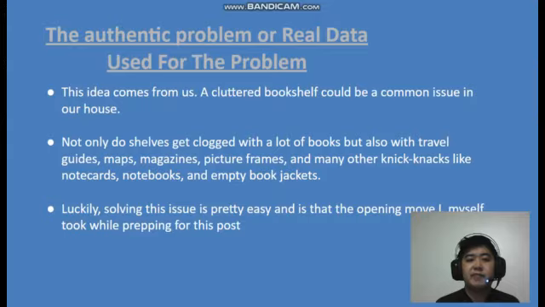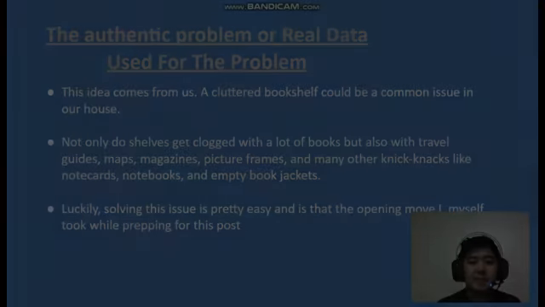Not only do the shelves get clogged with a lot of books, but also with travel guides, maps, magazines, picture frames, and many other knickknacks like note cards, notebooks, and empty book jackets. Luckily, solving this issue is pretty easy and is what I did myself when prepping for this.